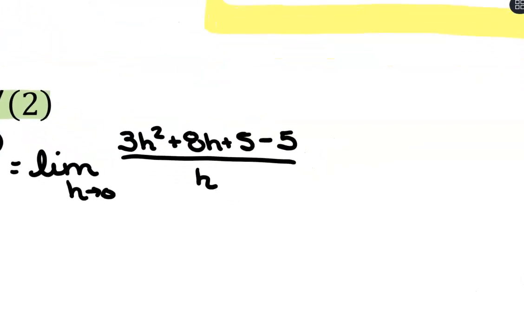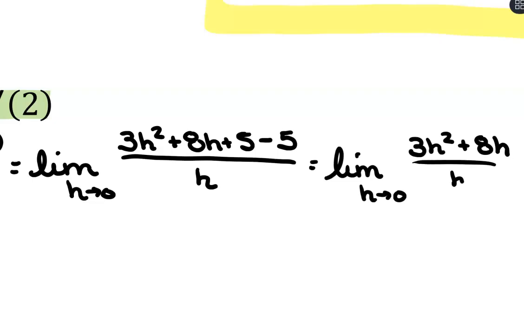And now I'm just going to simplify down. So this is the same as the limit as h approaches 0 of 3h squared plus 8h over h.